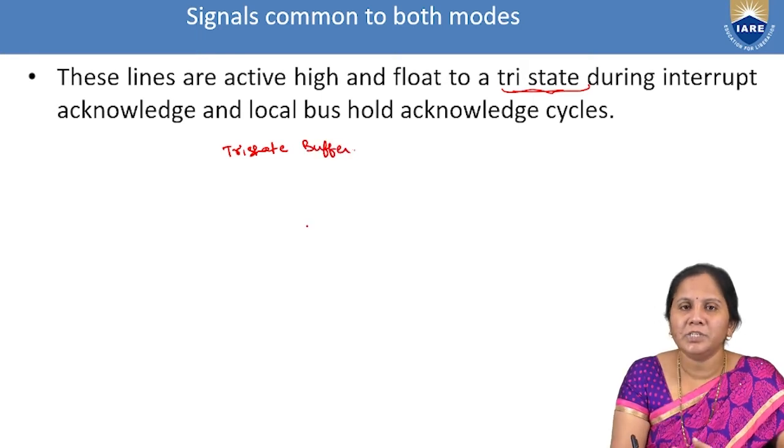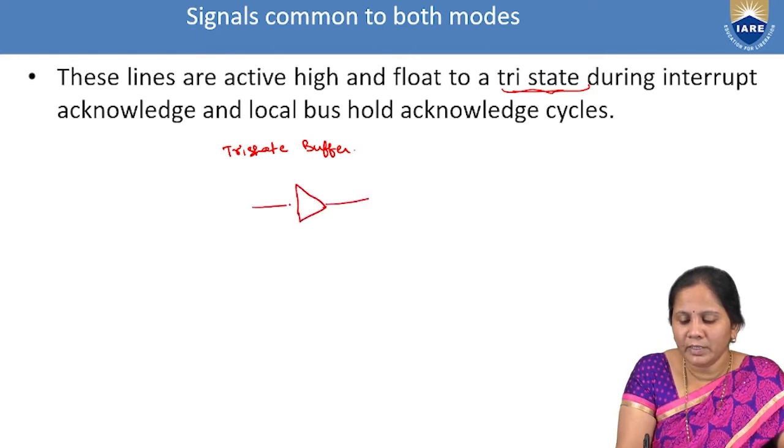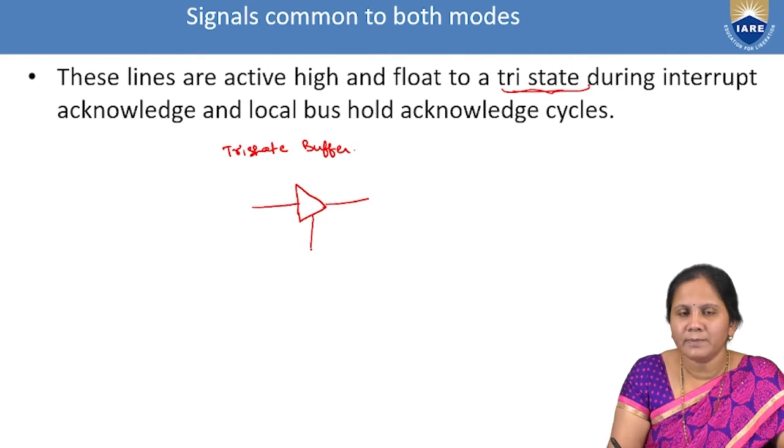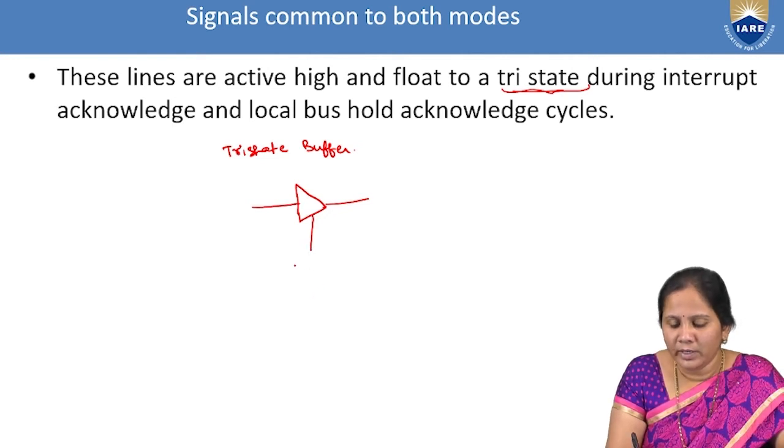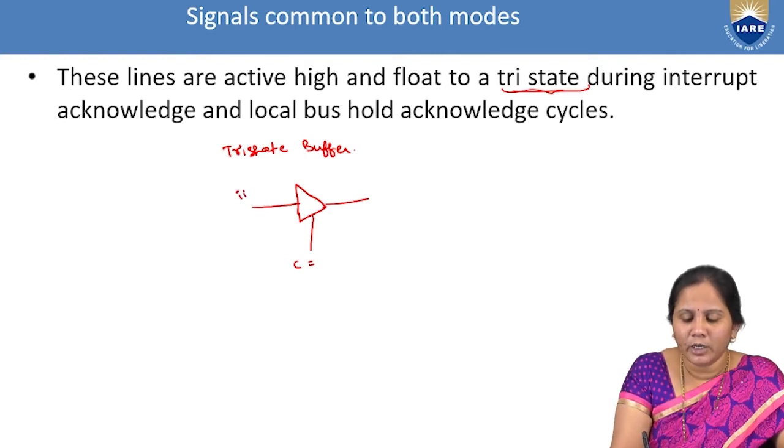TriState means three states. Here this is a buffer having three signals. This is the control signal, it may be 0 or 1. This is the input and output.